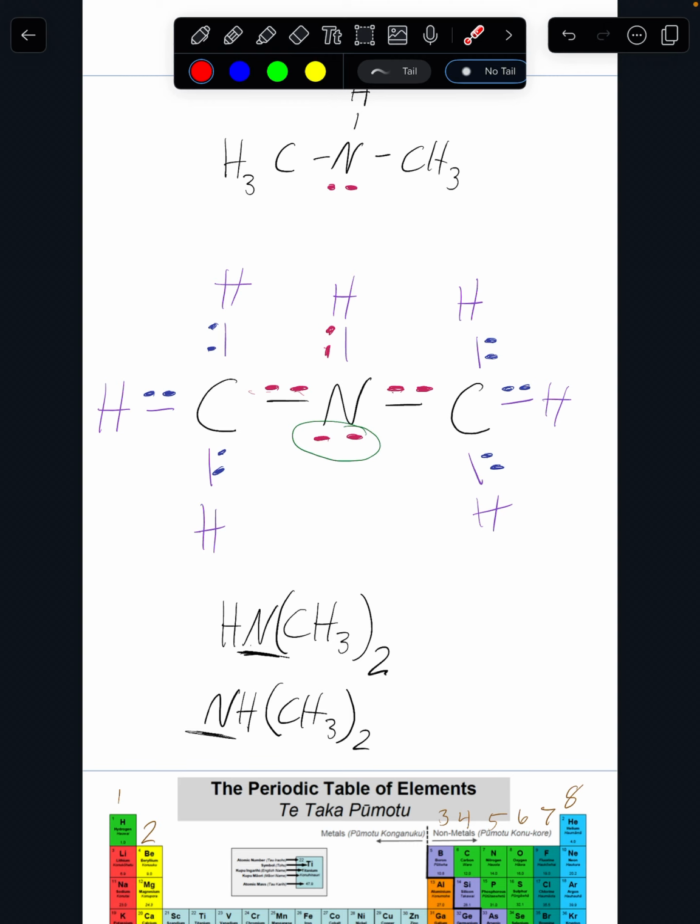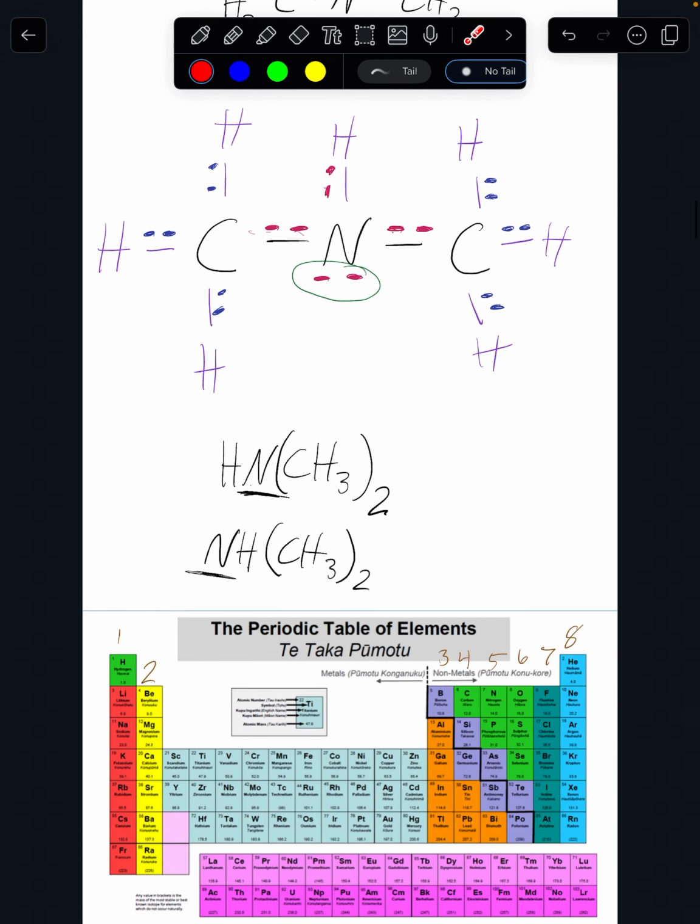Now, to make it easier for you to understand, this nitrogen is what is directly connected to this group of 2. And it has a hydrogen coming off of it.